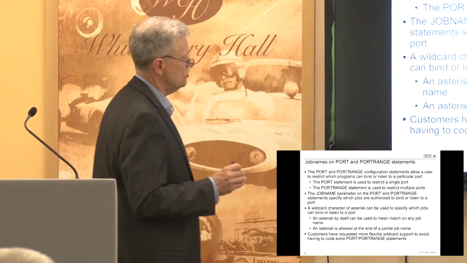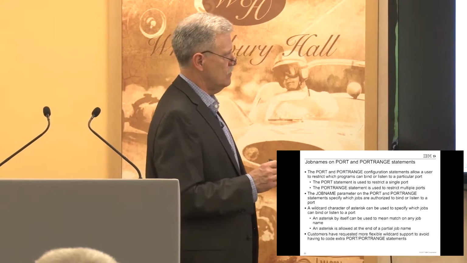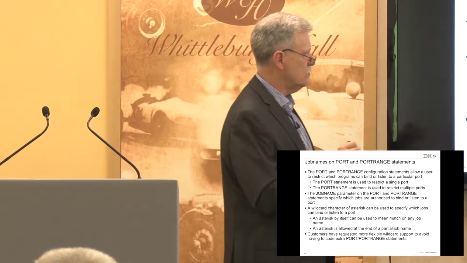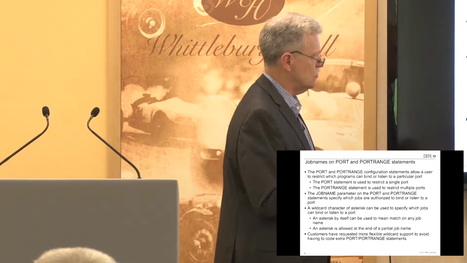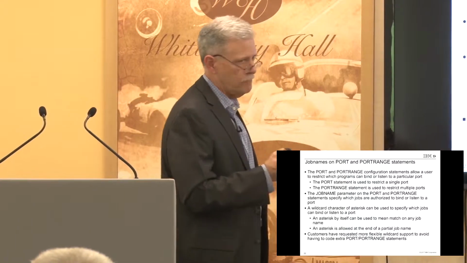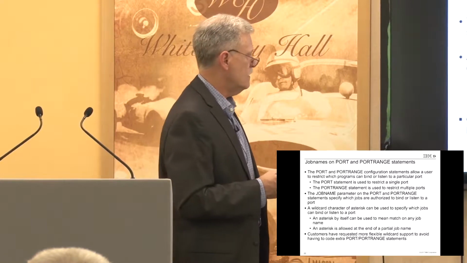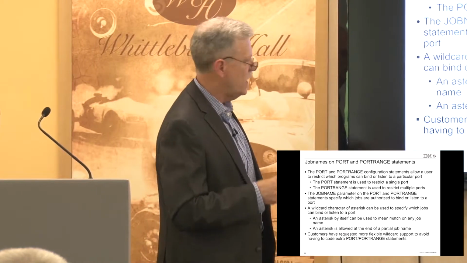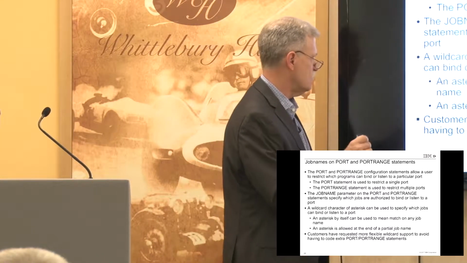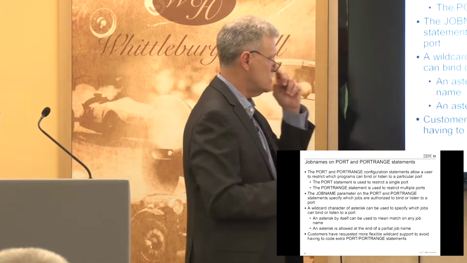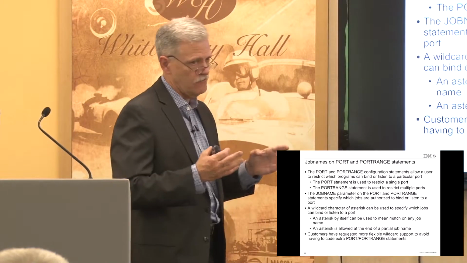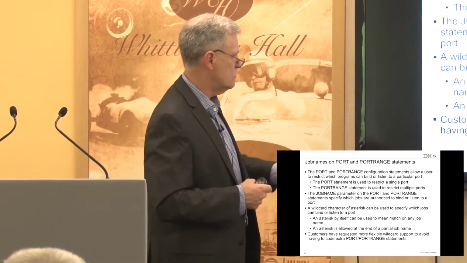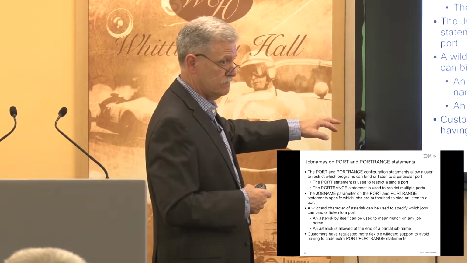The problem is the job name parameter on the port and port range statements was just basically very restrictive. What they do is authorize the jobs to bind or listen to that port number based on job name. Now, what we provided in the past was a wildcard character, an asterisk. A wildcard character of asterisk can be used to specify which jobs can bind, and it would allow the user some flexibility in terms of configuring multiple things over and over.